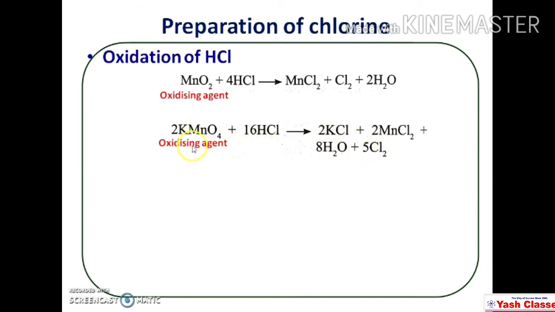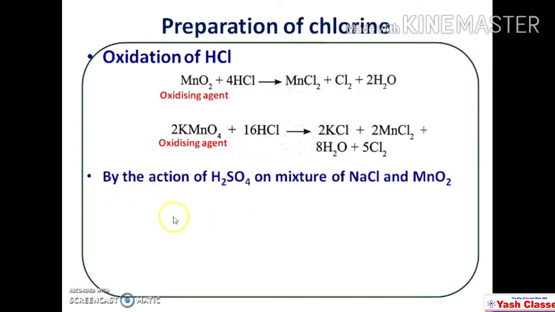But here again KMnO4 acts as oxidizing agent, it oxidizes HCl and there is a evolution of chlorine. So in this way chlorine is prepared by the action of suitable oxidizing agent like manganese dioxide or potassium permanganate on hydrochloric acid.